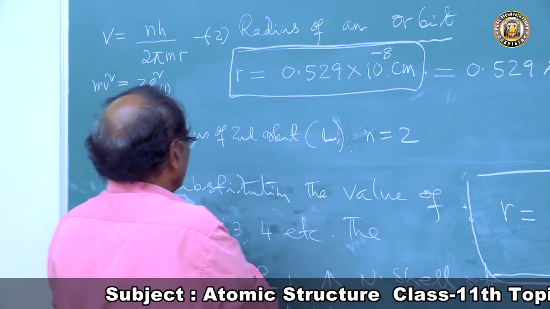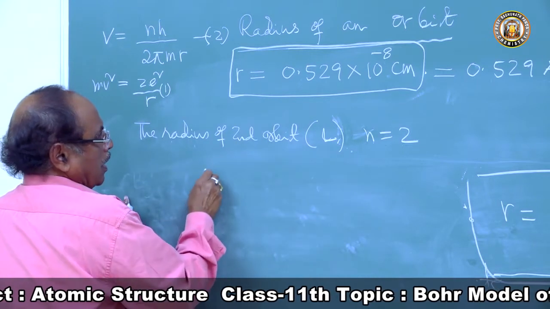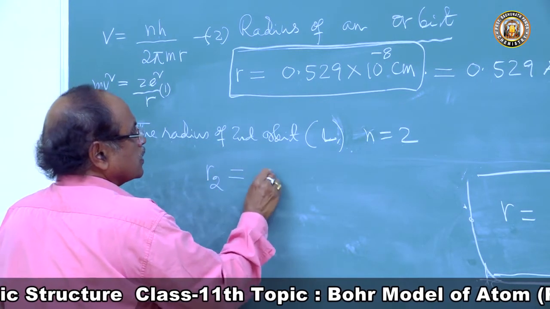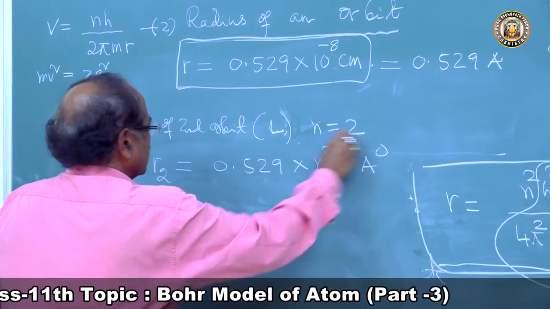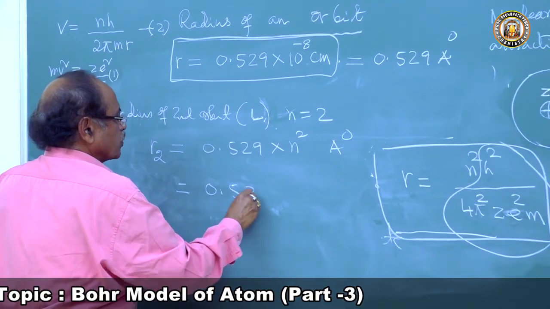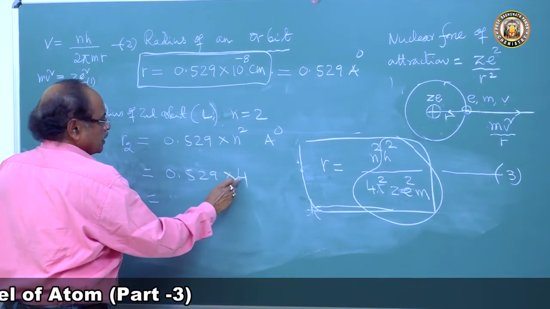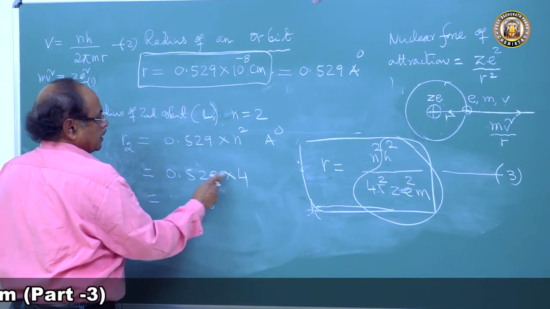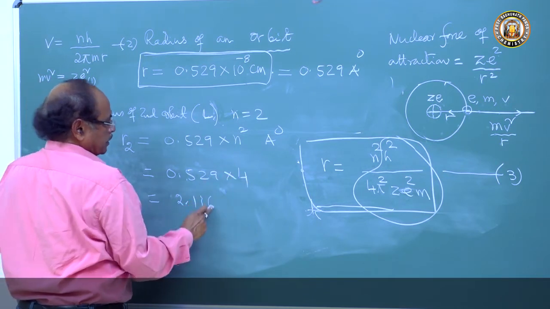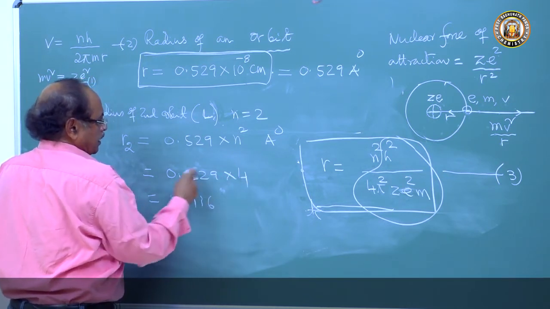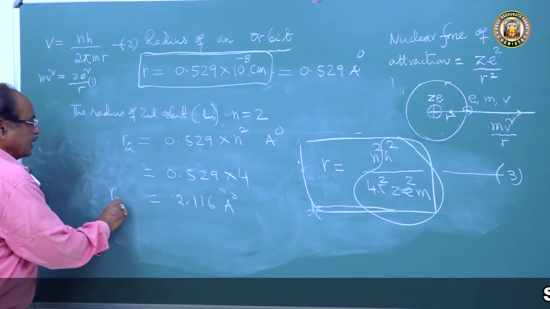Therefore, r2 will be equal to 0.529 n² angstrom unit, that is 0.529 into 4, which we get as 2.116 angstrom unit. So this is the value of the radius of the second orbit.